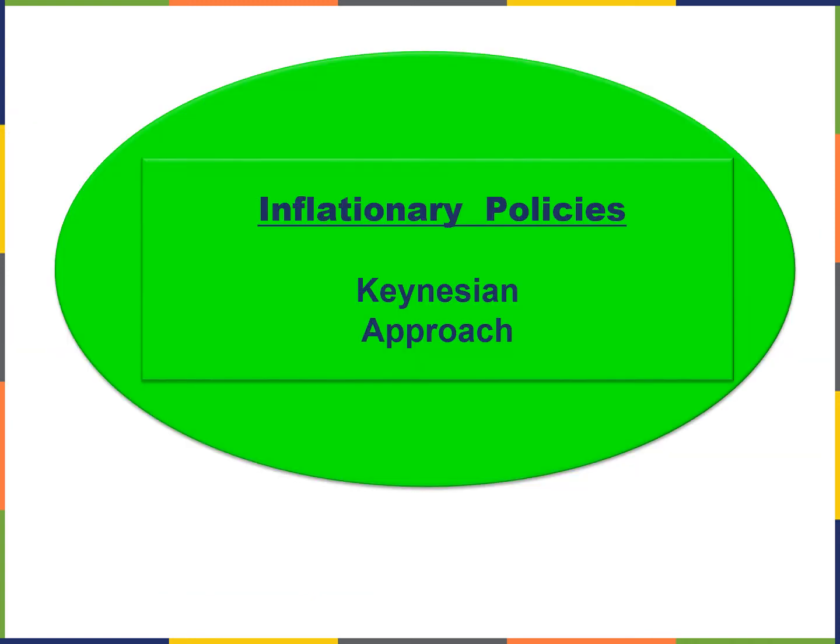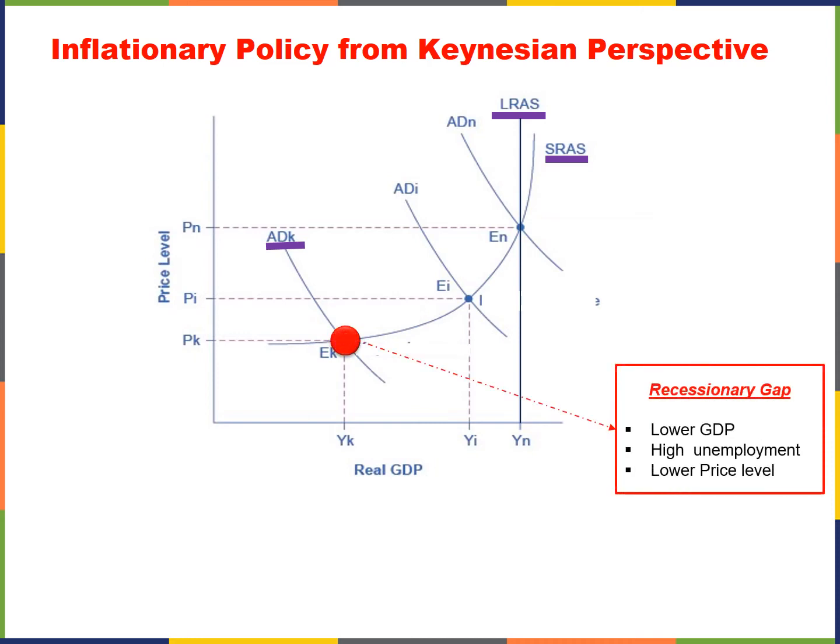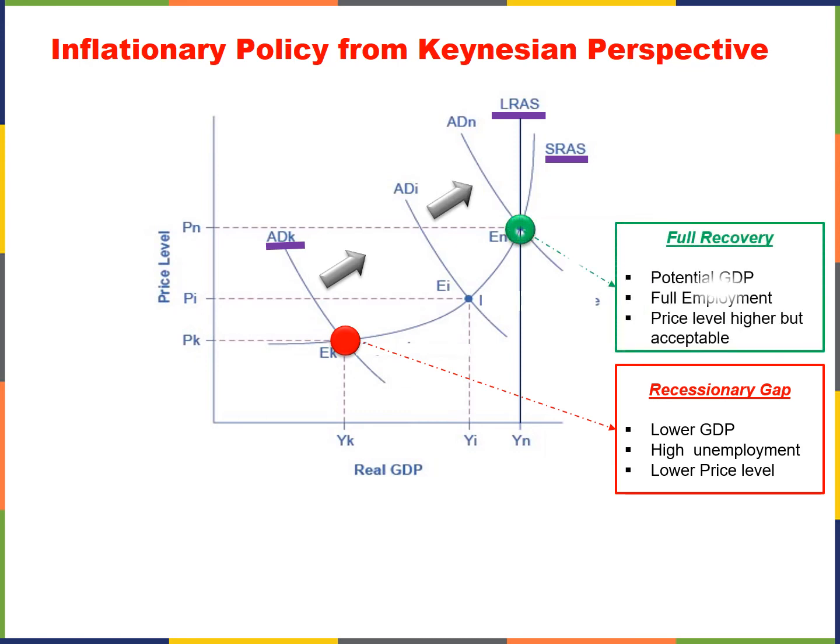Now let's look into inflationary policy with the Keynesian approach. So here again is our graph, our model. This is our recession equilibrium, the recession gap, and as aggregate demand moves to the right, eventually we will reach full recovery.